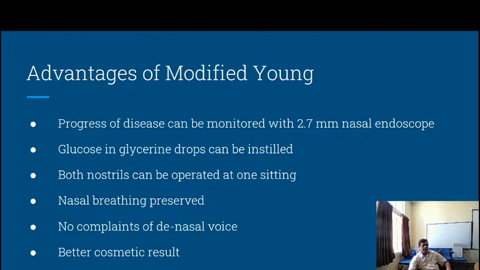The advantages of this modified Young's operation are that disease can be monitored with the 2.5 nasal endoscope, as I told you. Glucose and glycerin drops can be instilled into the nasal cavity. Both nostrils can be operated in one sitting. Nasal breathing is preserved, with no complaint of complete blockage of the nose. Better cosmetic results also.